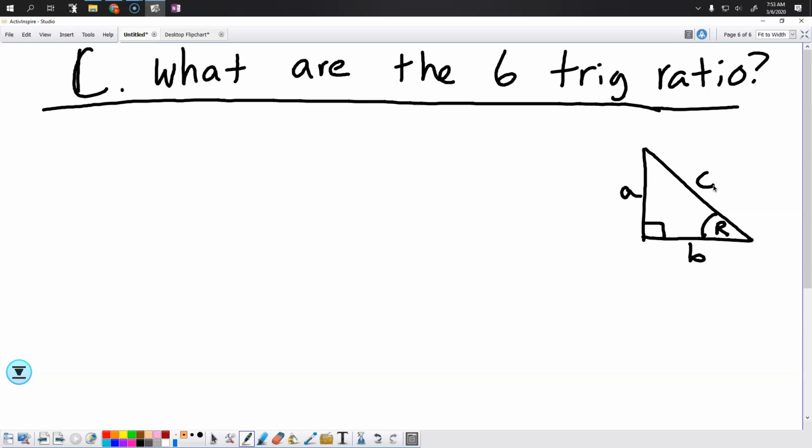But now they need to know what are the fractions that go with those, right? Let's start with the name. The first one I want to share with you guys is sine. That's what its name is. It's called sine.